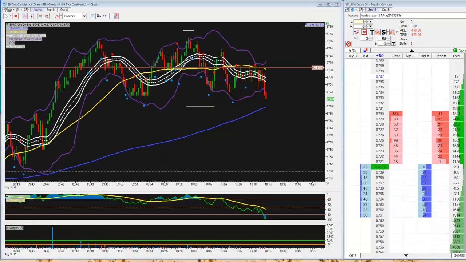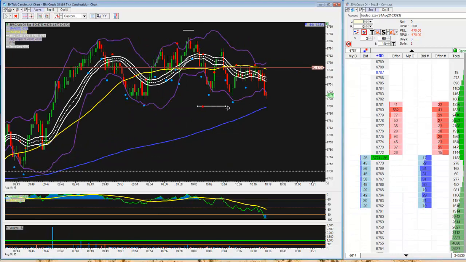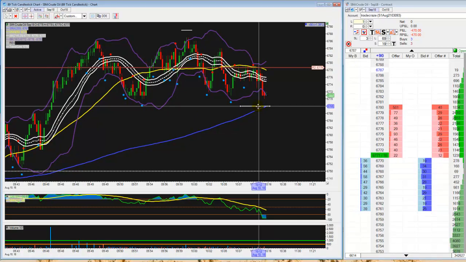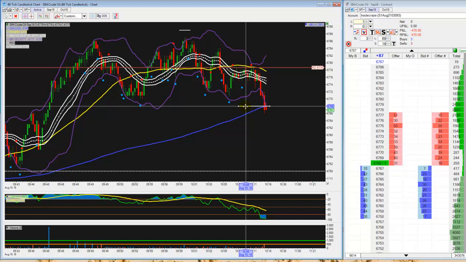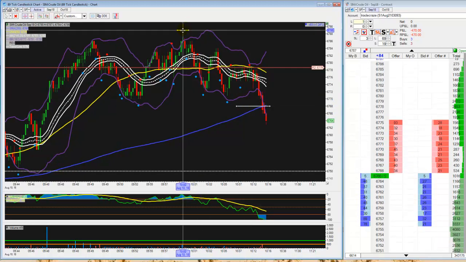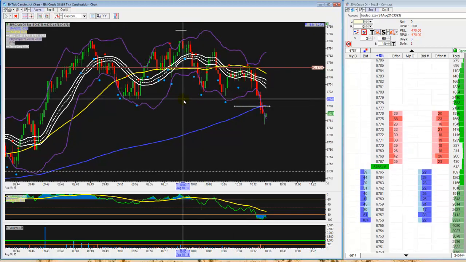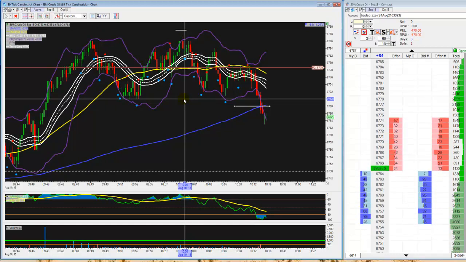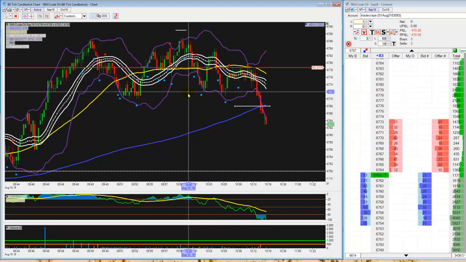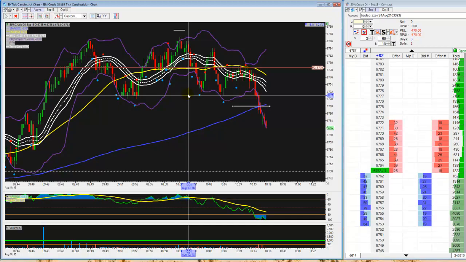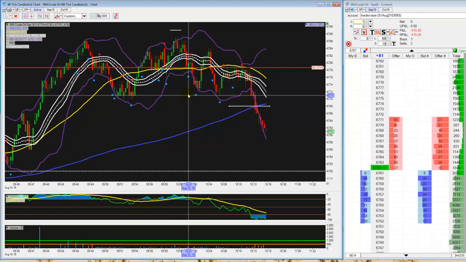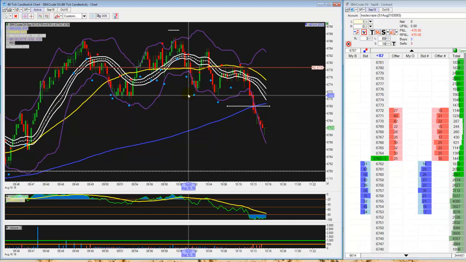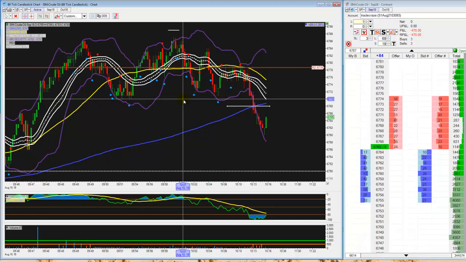All right, so this would be entry still. This would be trade 2, 71 or 70, it doesn't really make a difference.